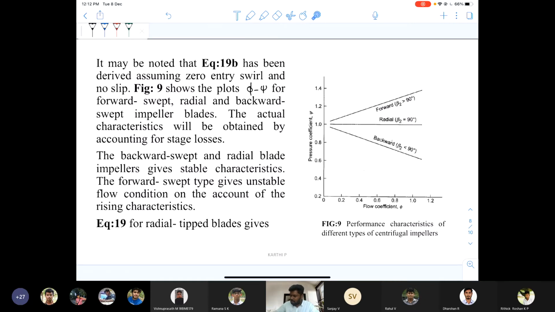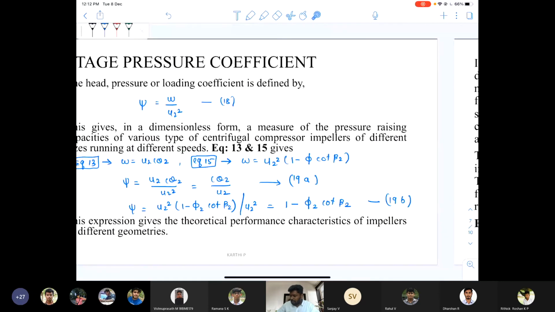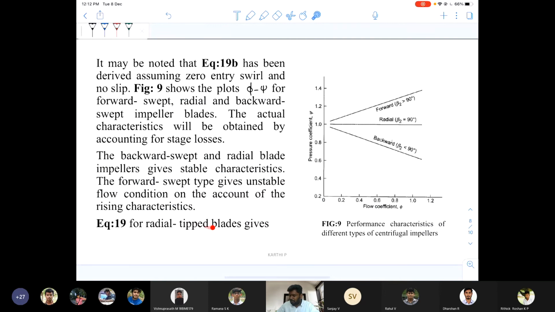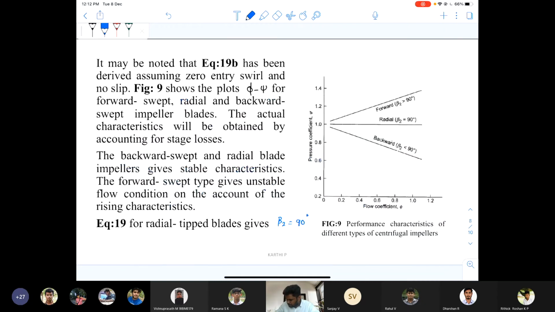Therefore, equation 19 for a radial tip blade: you know that beta 2 is equal to 90 degrees. From equation 19, the pressure coefficient is equal to 1 minus I2 into cot beta 2.